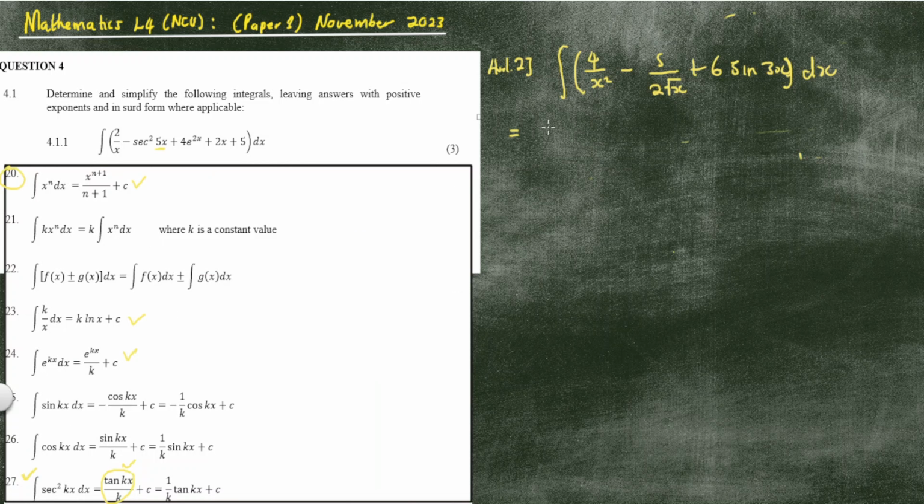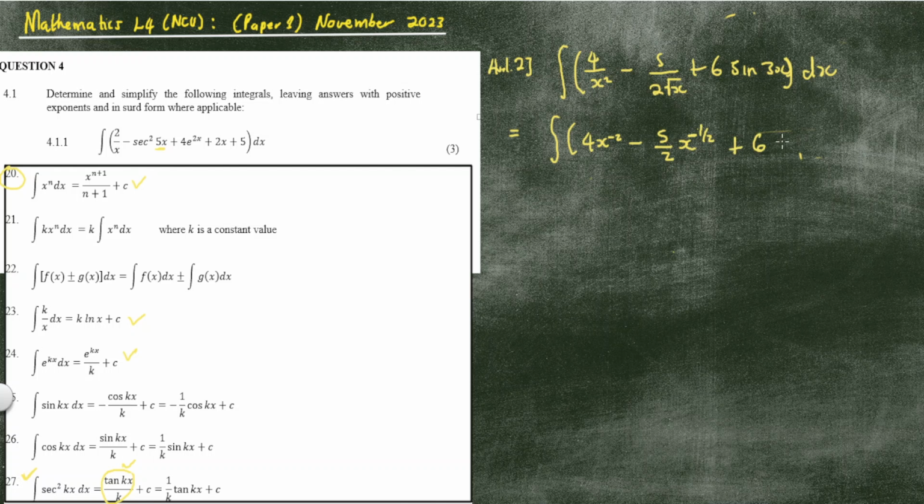So it's going to be equal to, so I cannot get the integral right away. I'll have to simplify first. So it's going to be the integral of 4x raised to exponent minus 2, minus 5 over 2. The square root of x is x exponent half, but because the x is coming from the denominator, you would have to make it negative.